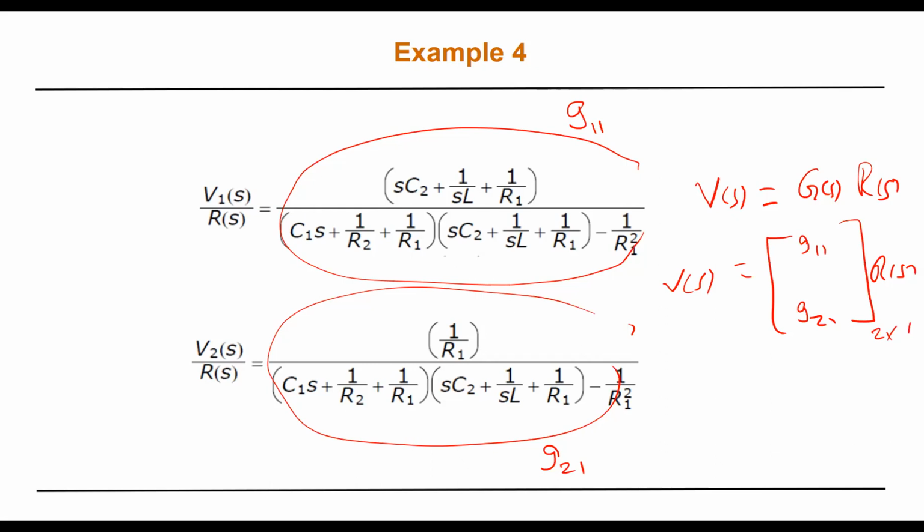Suppose all the elements are equal to 1. So the first one is going to be V1 of S over R of S, if my parameters C1, L1, R1 and R2 equal 1.